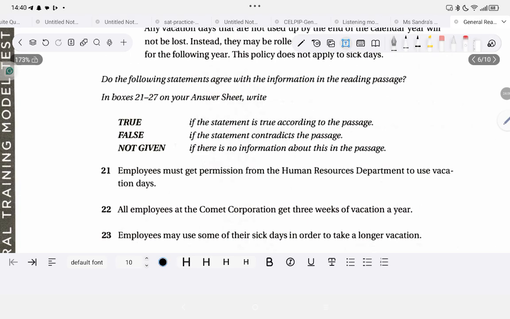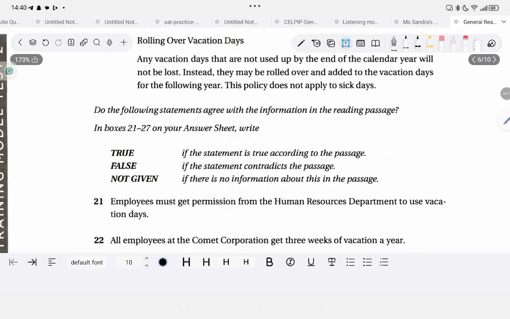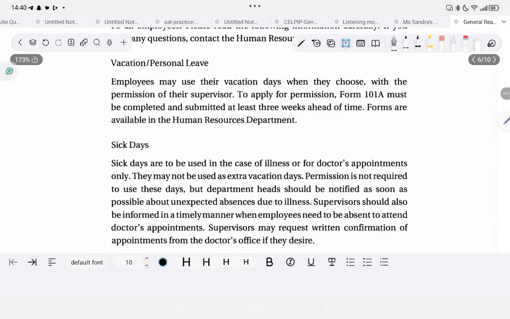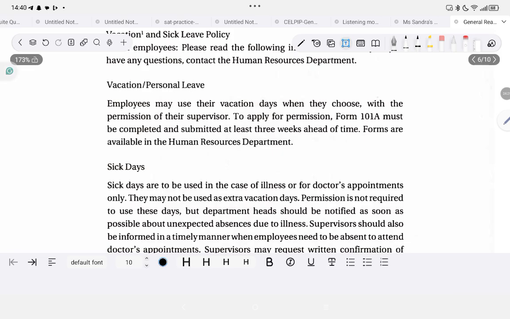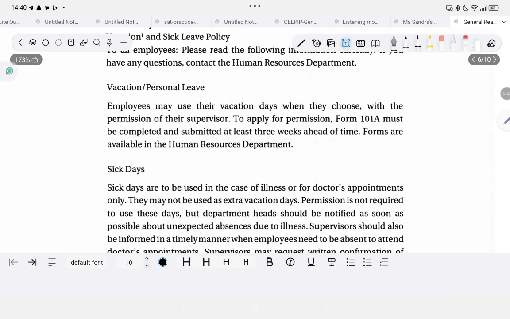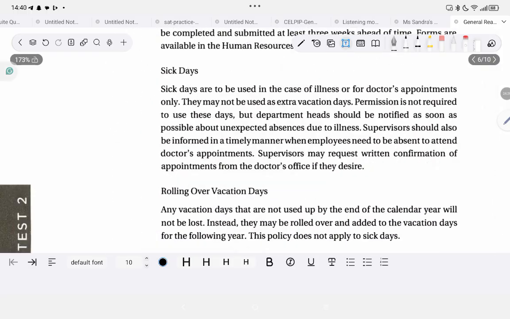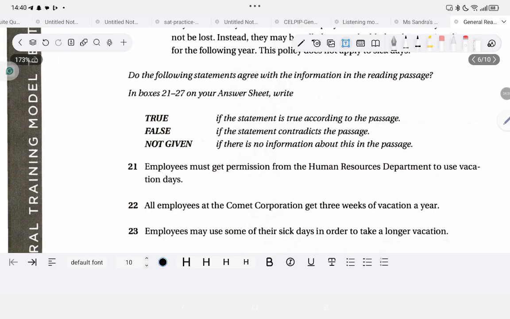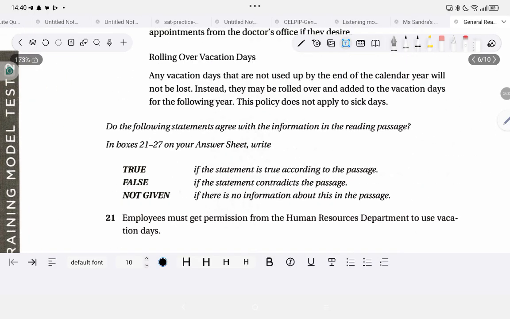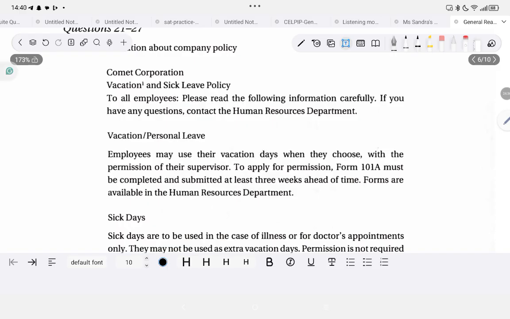Employees must get permission. Look at the keywords. Employees must get permission, Human Resources Department, to use vacation days. Let's check under vacation days. It says employees may use their vacation days when they choose with the permission of their supervisor. From who? Supervisor. Let's check for Human Resources Department.